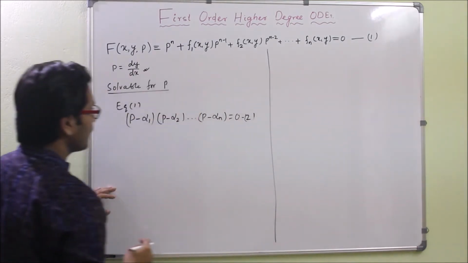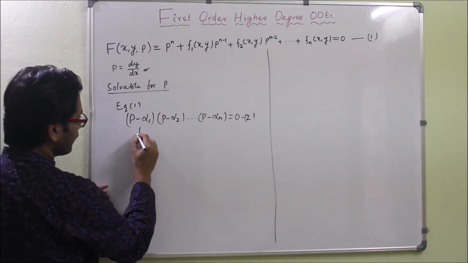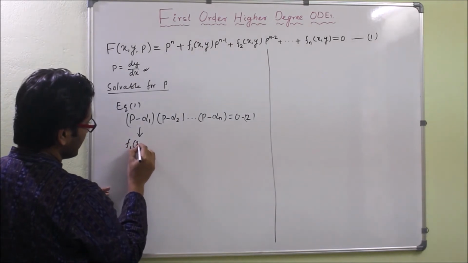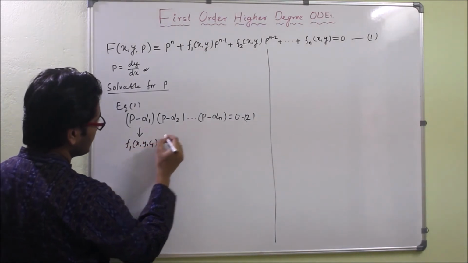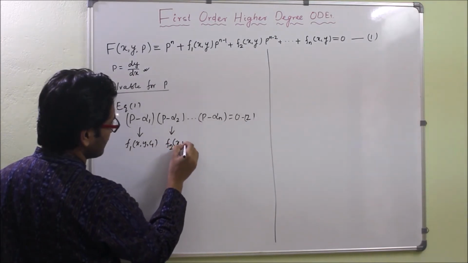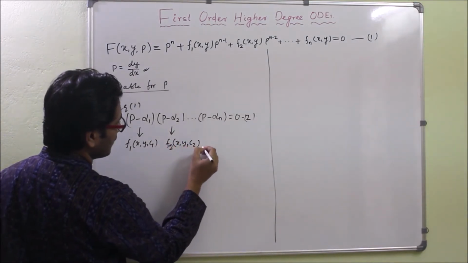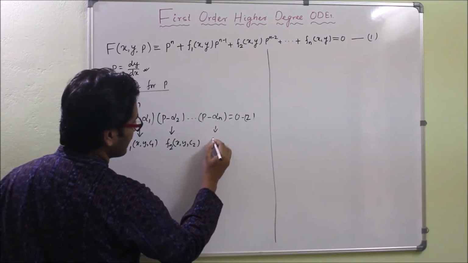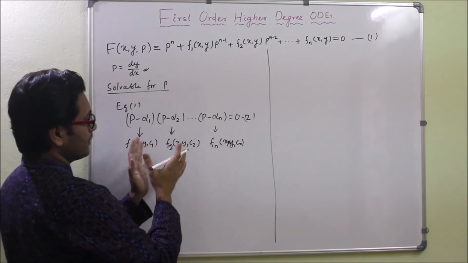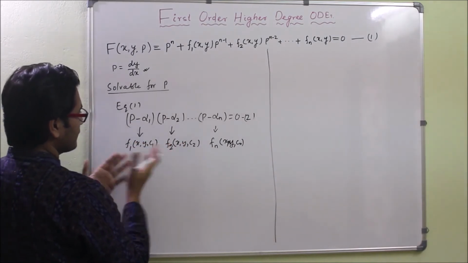Now what we will do, for this first factor I can write the function f1 x comma y comma c1. For second factor I can write function f2 x comma y comma c2, and like that we can write. So these n functions we can get, and what is the answer?